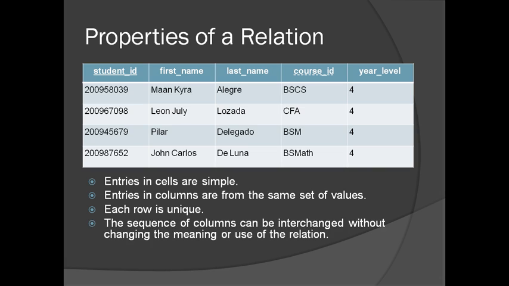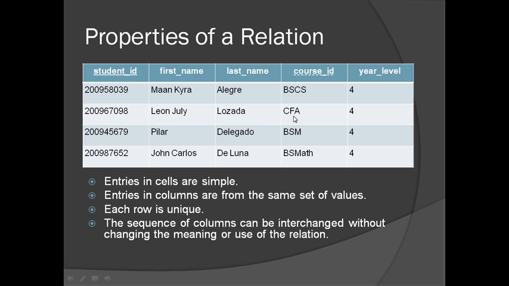Fourth property. The sequence of columns can be interchanged without changing the meaning or use of the relation. If I exchange the order of fields, course ID and year level, Ma. Cara Allegra's year level will still be 4. Leon July's course ID will still be CFA.